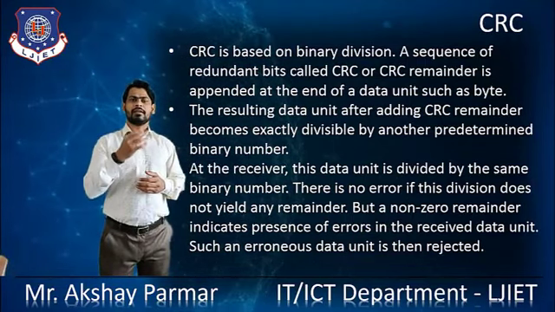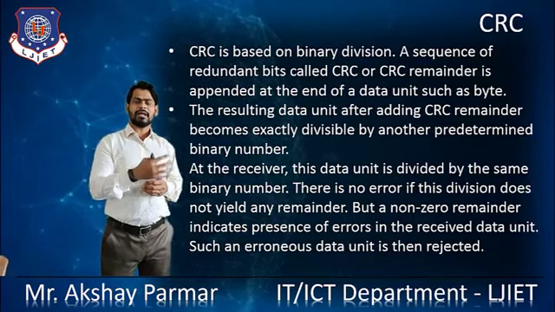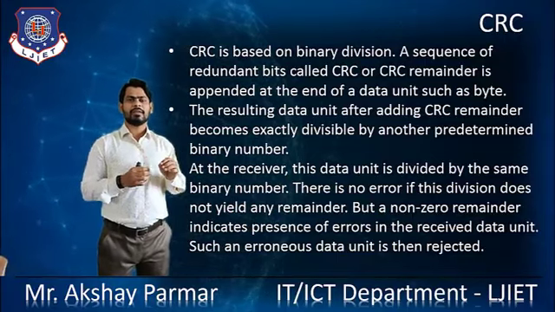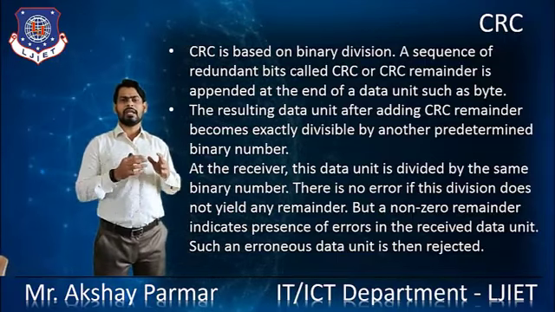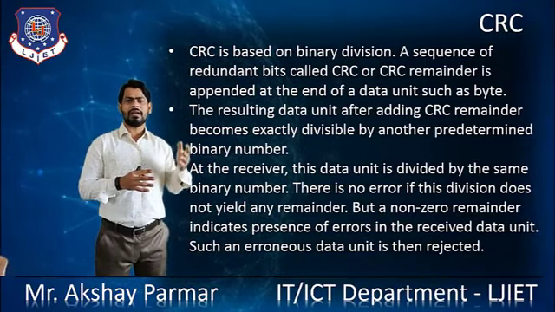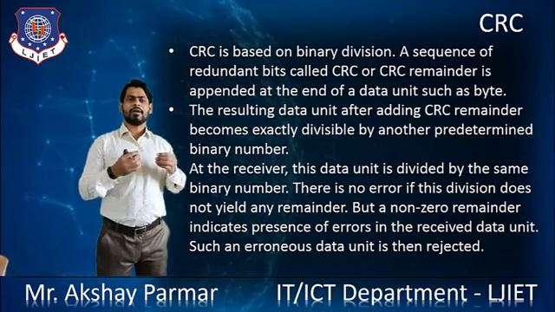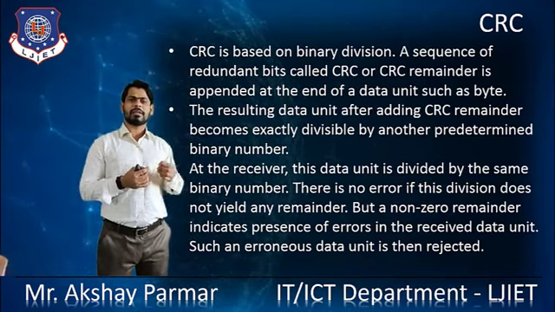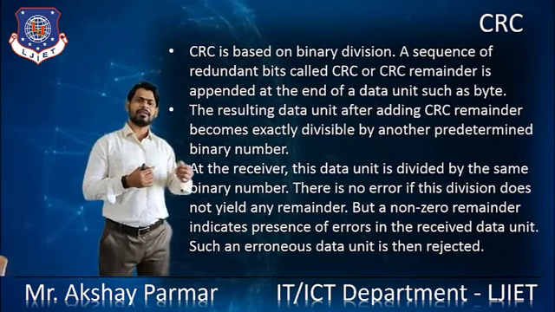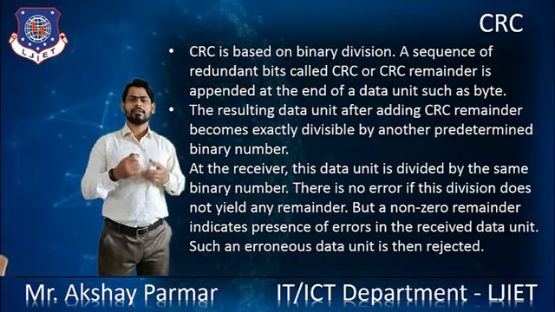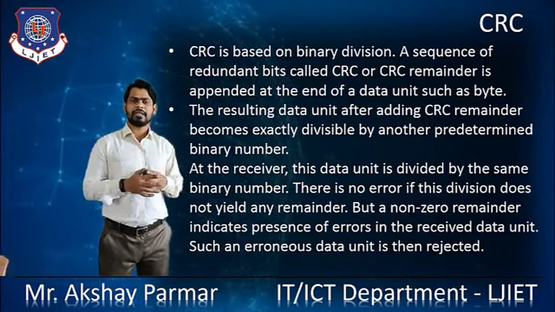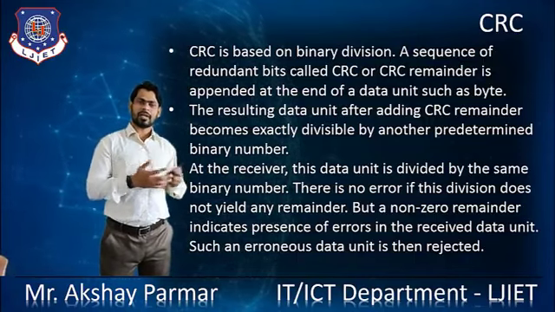At the receiver, this data unit is divided by the same binary number. There is no error if the division does not yield any remainder, right? But a non-zero remainder indicates the presence of an error in the received data unit. Such an erroneous data unit is then rejected, right?